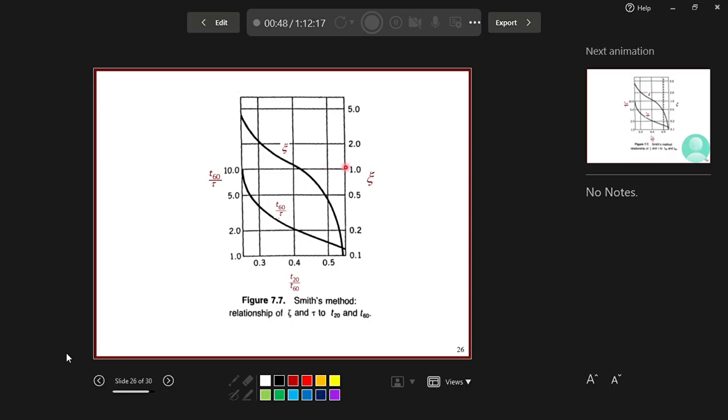So now you have the value of zeta and the value of tau. This is an example where the ratio is 0.5, and we found the T20 over tau, and also we found the zeta.